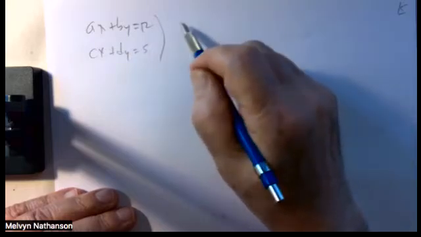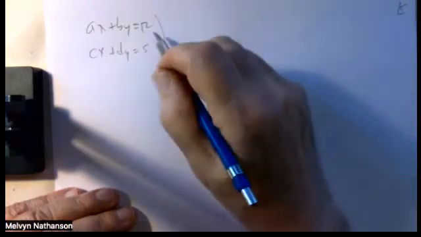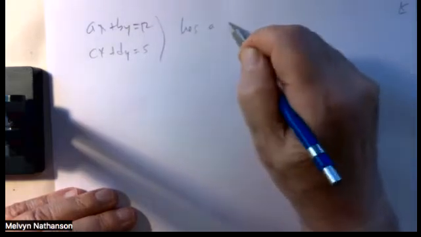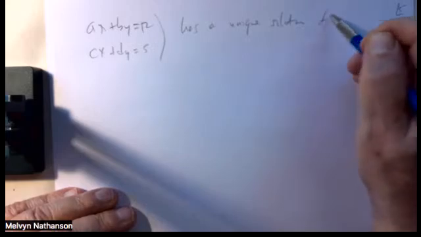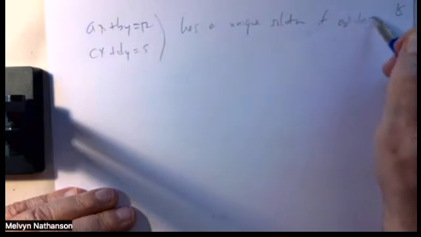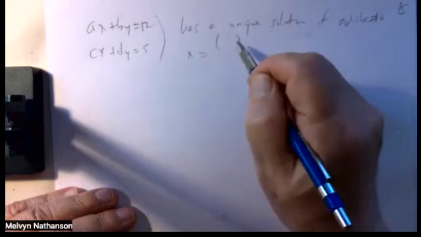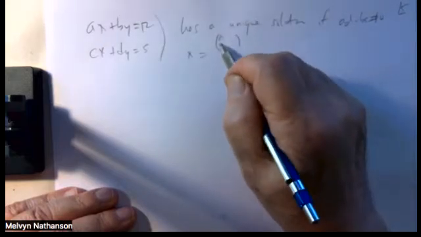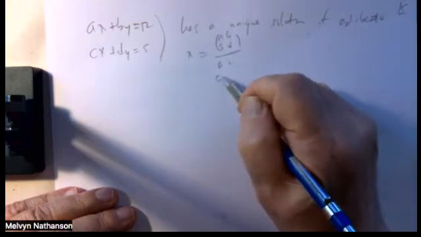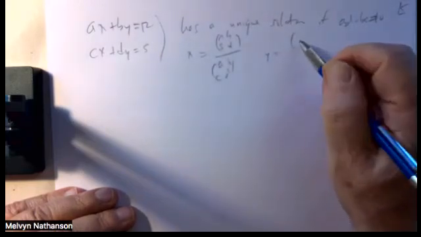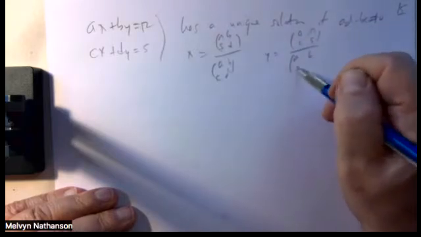What they teach you in high school algebra or pre-calc is that this system of equations has a unique solution if ad minus bc is not 0, and x is given by the ratio of the matrix with rows r, b and s, d over the matrix with rows a, b and c, d, and y is given by the ratio of the matrix with rows a, r and c, s over the matrix with rows a, b and c, d.